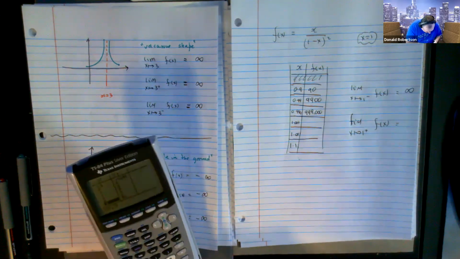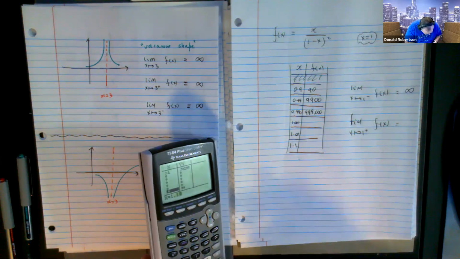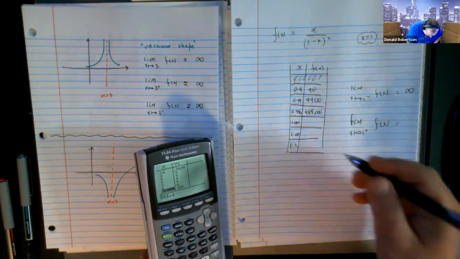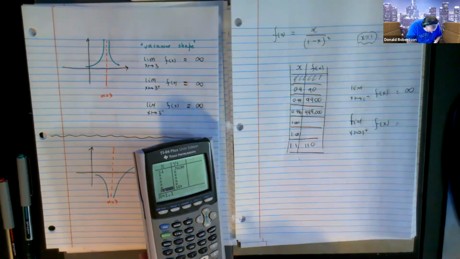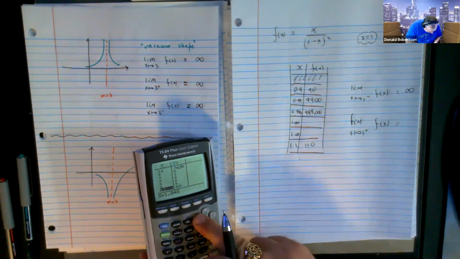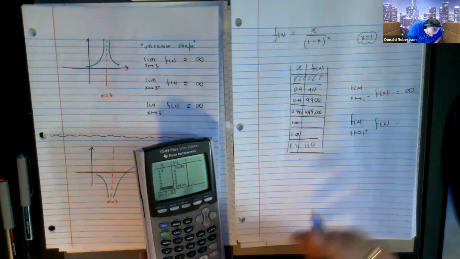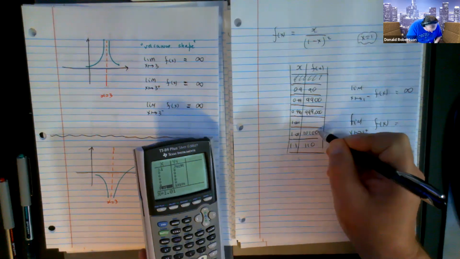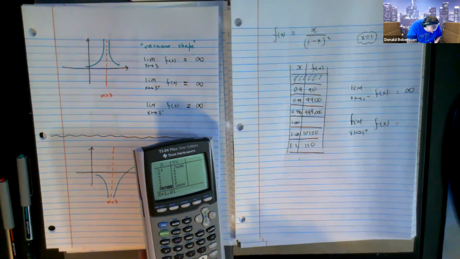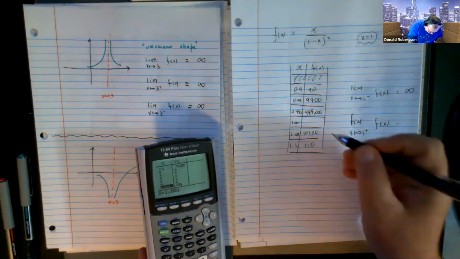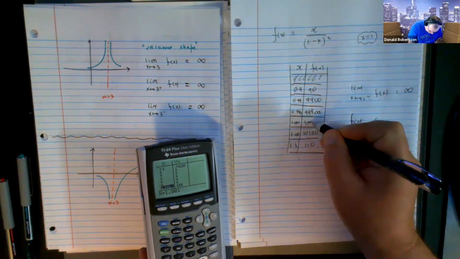Now, if I do the other values, it looks like in this case I'm going to have to do them one at a time because my blinking table's not being my friend. That's 110. That's 10,100. And this one is 1e to the 6. Can I tell you 1e to the 6 is just a million?